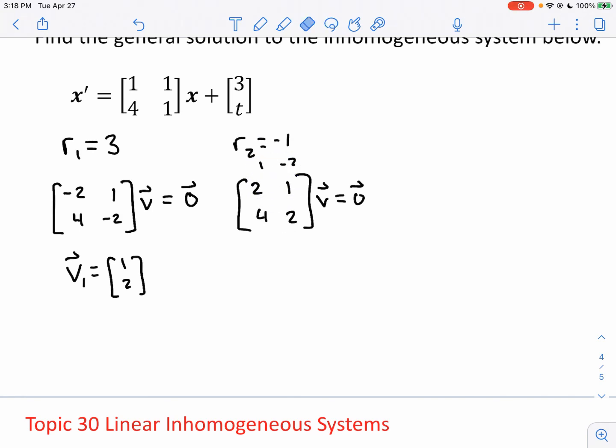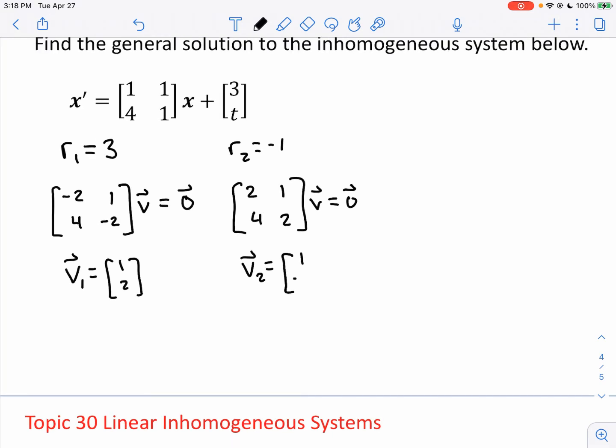So I can see that a solution to this one is going to be our second eigenvector associated with our second eigenvalue, and it's going to be 1, -2. You can also do any multiples of these, right? So you could do 2, 4 for your first eigenvector. You can do 3, 6. You could do -1, -2, etc. Same thing here. You can do any multiple of that, and that'll work.